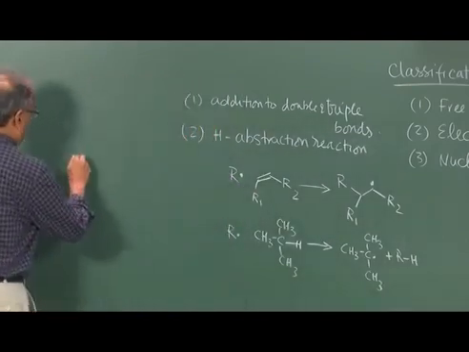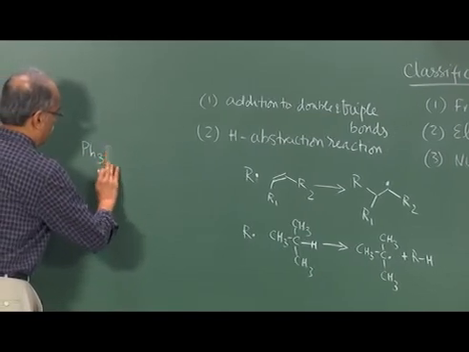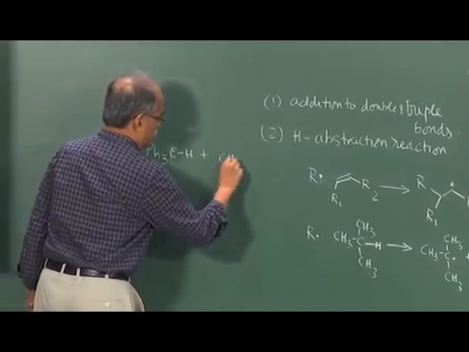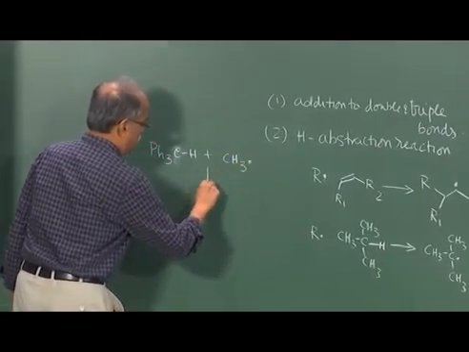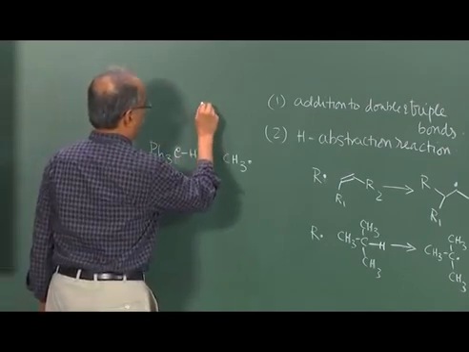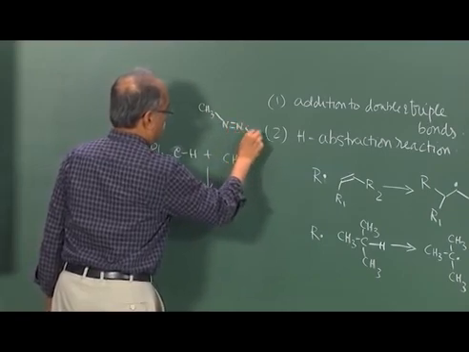A very common reaction that is encountered is the triphenyl methyl radical, which can be generated, for example, by reacting a methyl radical. Methyl radical can be generated by photolyzing this type of azo compounds.